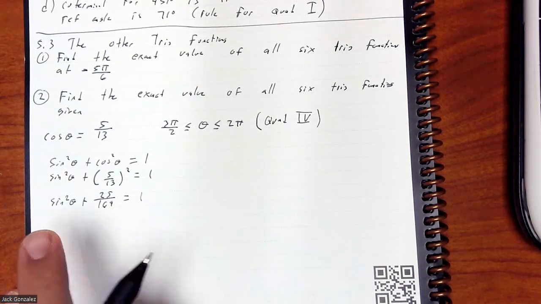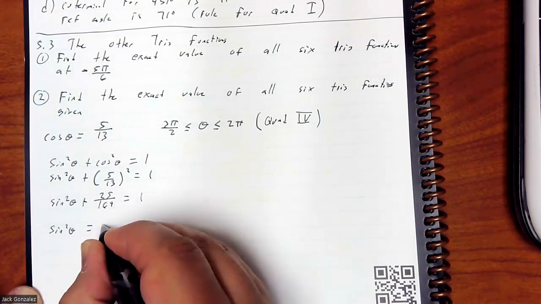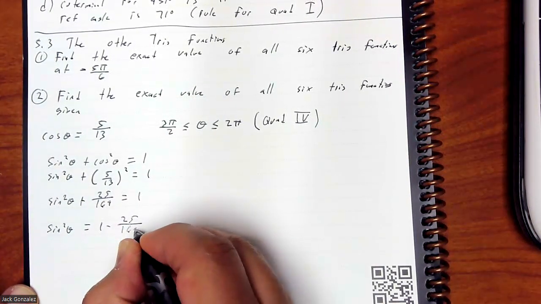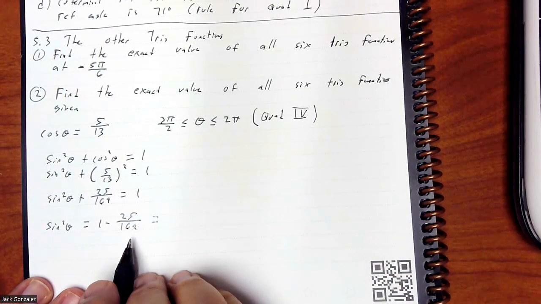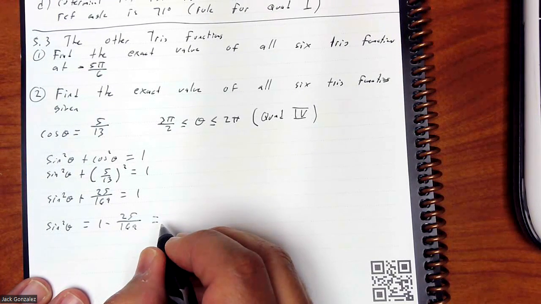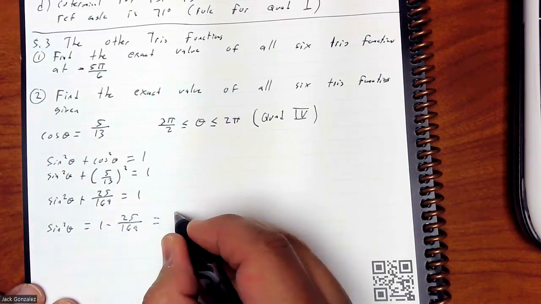Solve for sine, which is equal to 1 minus this, 144.